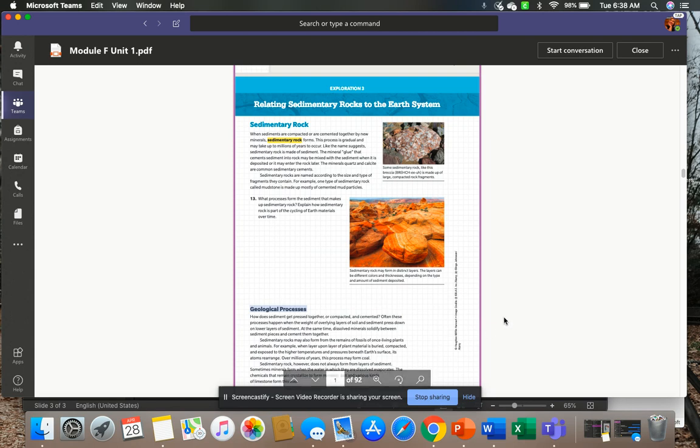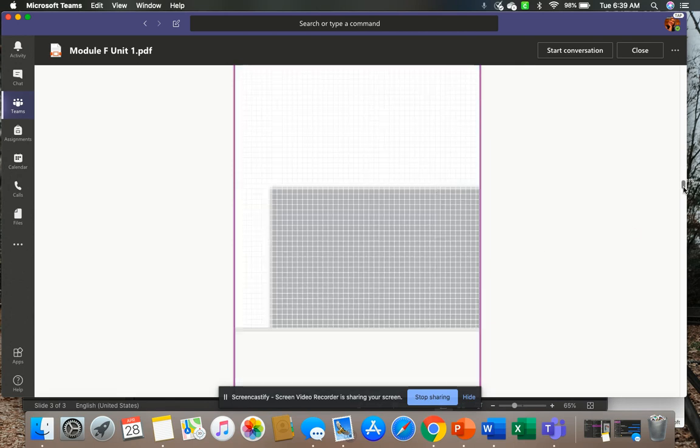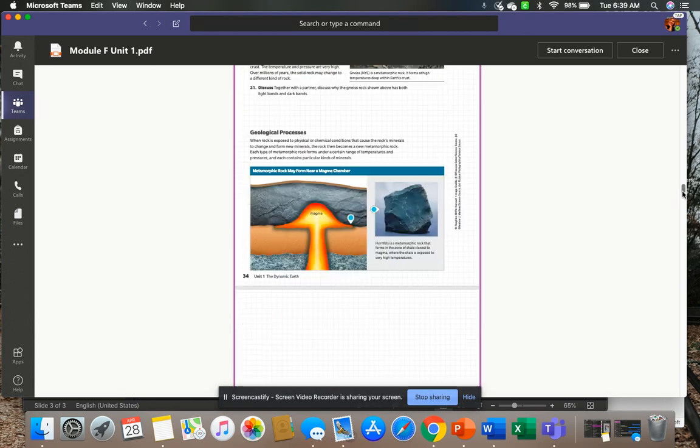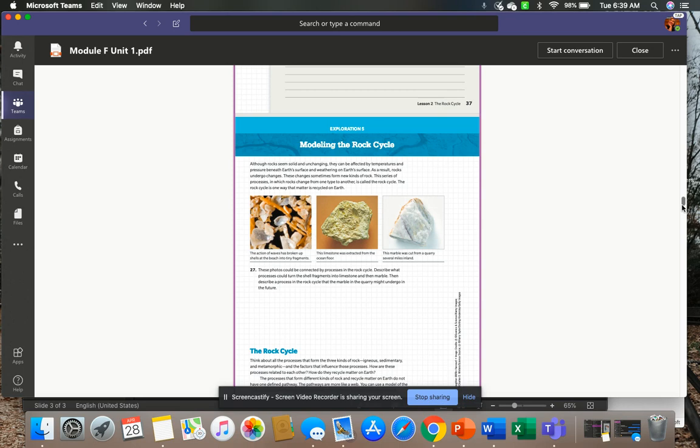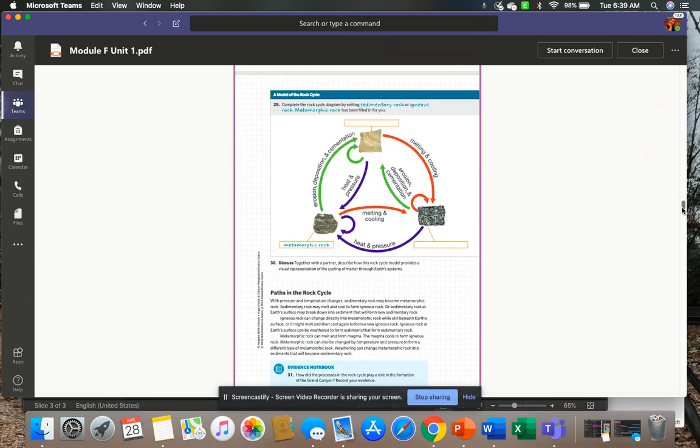Now, if you read through this and you're like, Miss Bean, I still can't find the answer, you can actually scroll down to the rock cycle itself, which I don't want to go too fast because, like I said, it's a lengthy file. If you go down to page 39, you're going to see that you have this chart here. This is another diagram of the rock cycle. So when you look at this rock cycle, you're going to see metamorphic rock here.